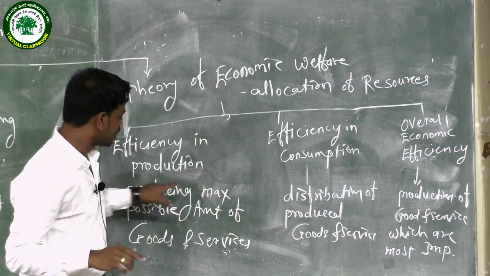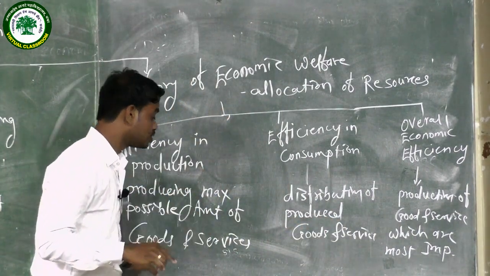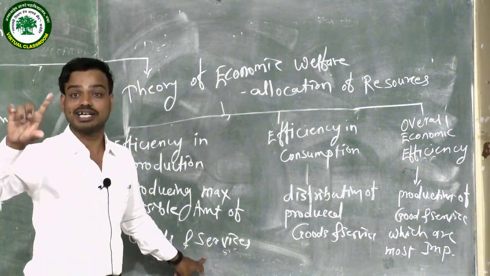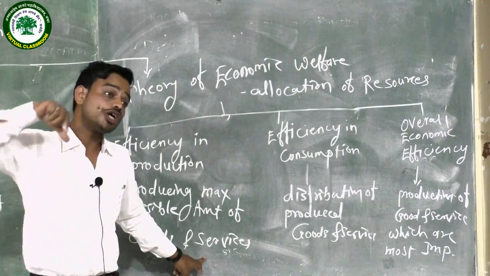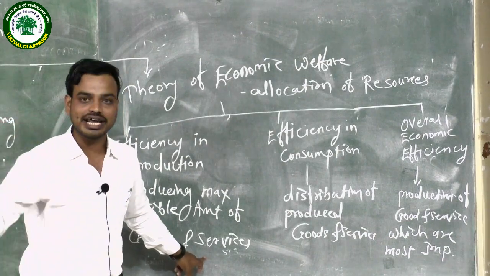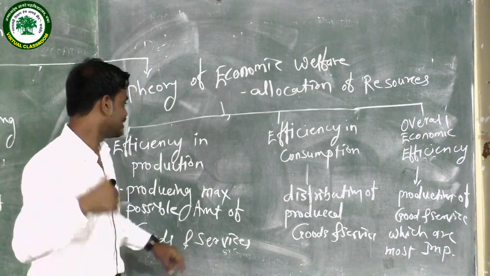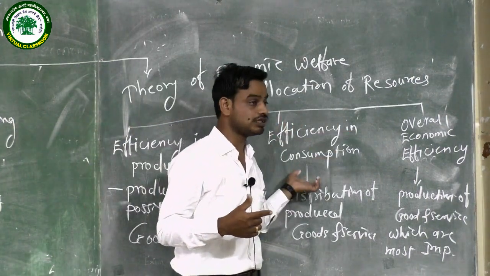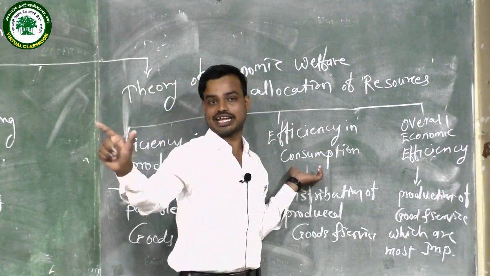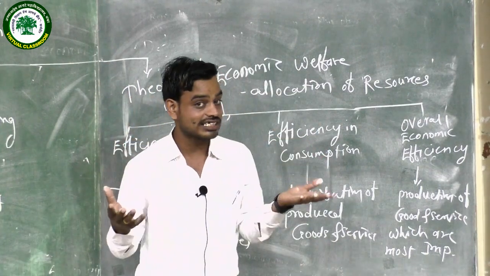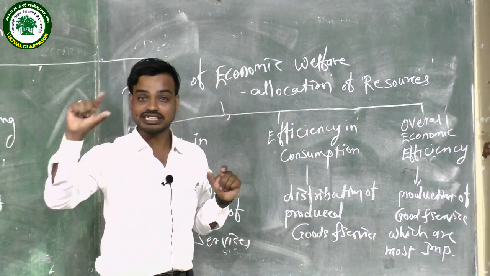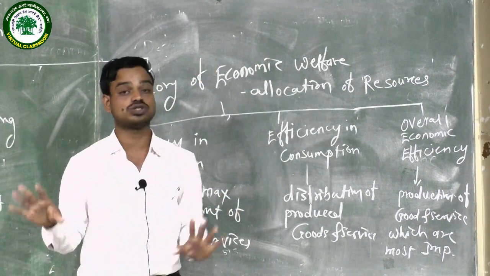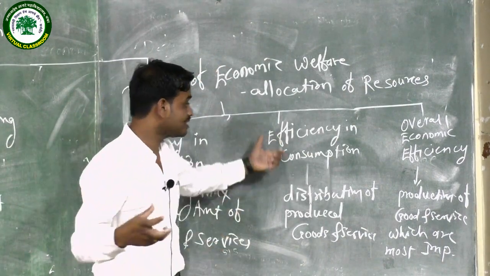That means production of the maximum possible amount of goods and services. If any area requires some content, according to that area we produce something. That means efficiency in production. And second, efficiency in consumption means that if all that area, all that field requires something, and that person, that society uses that thing, that means consumption.